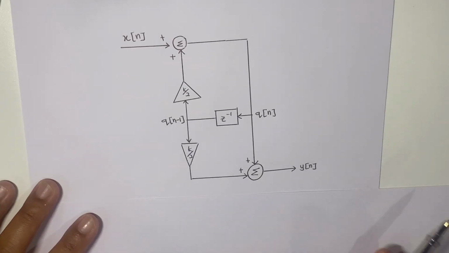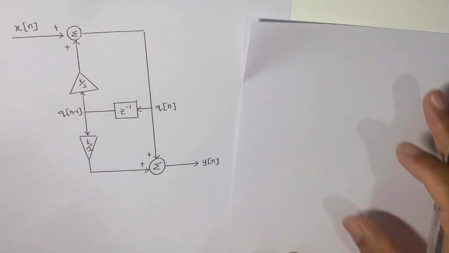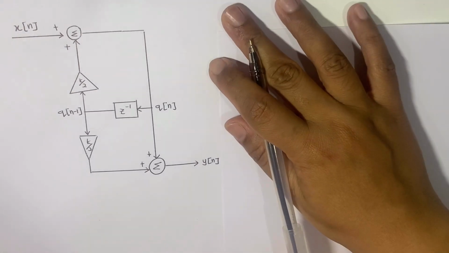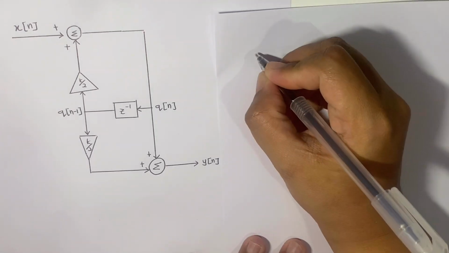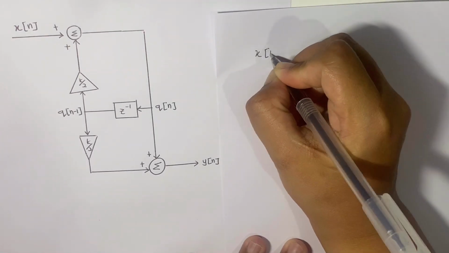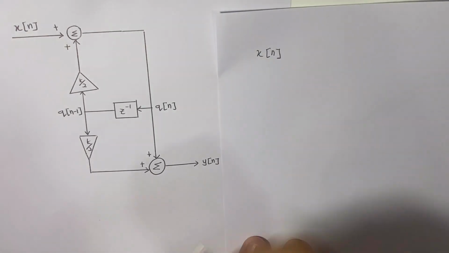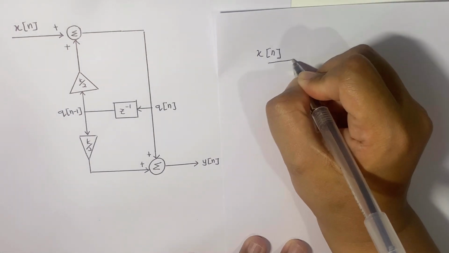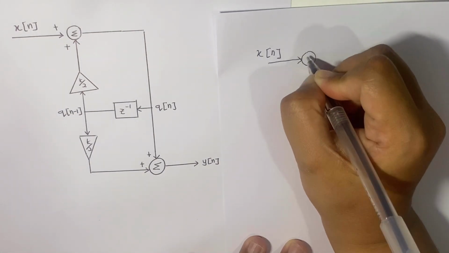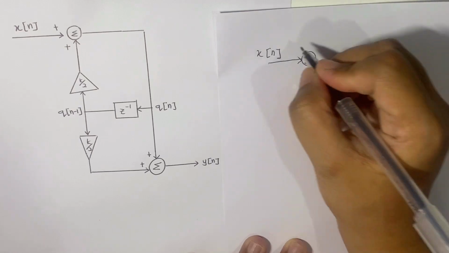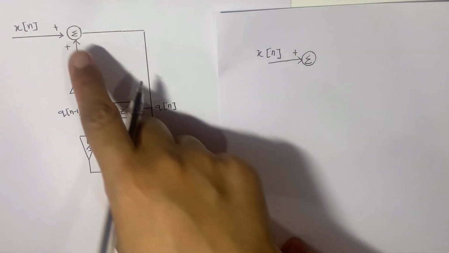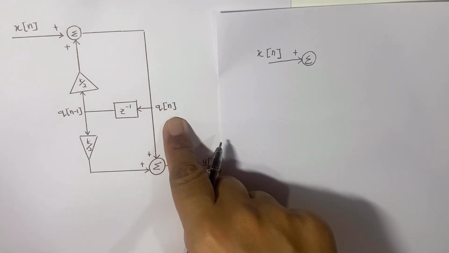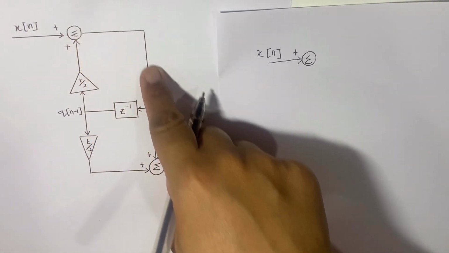Okay, first, I will draw it again, so that you can understand more. Okay, this is x[n]. The summation symbol is here, plus. We know that we have q[n], but q[n] is just a straight line actually.